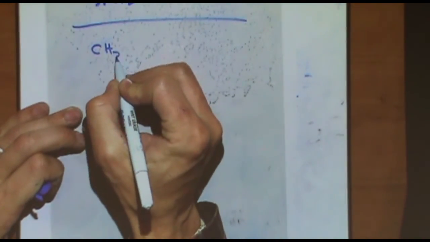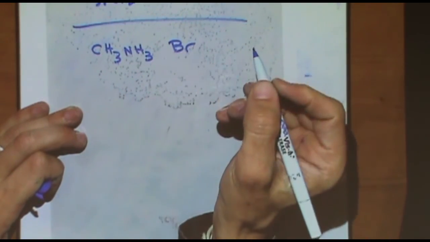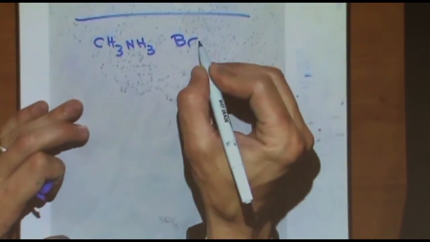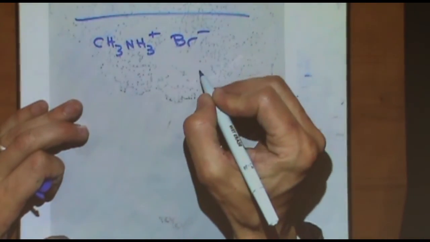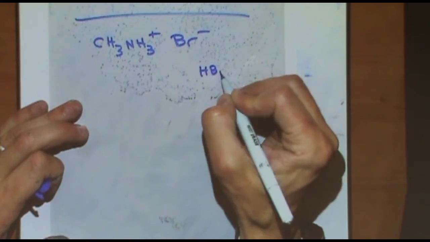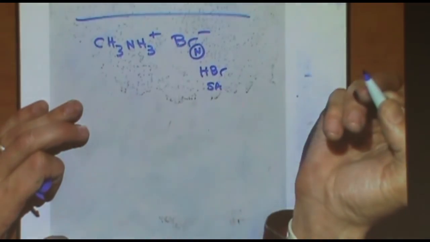Let's see if I can, I'll just rewrite it. I want to know if this is acidic, basic, or neutral. It's CH3NH3Br. So you're going to separate them out into this, like you always do. Then the conjugate of this is HBr, so this is a strong acid, so this is neutral.